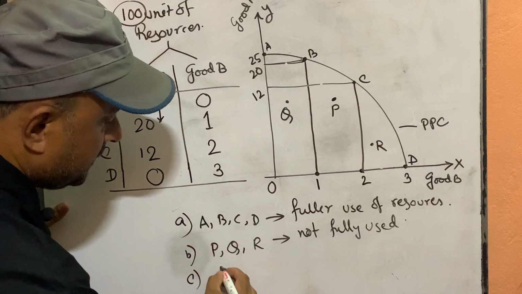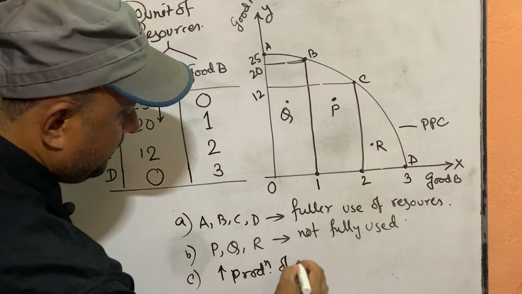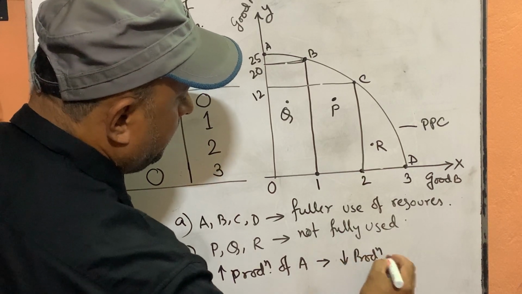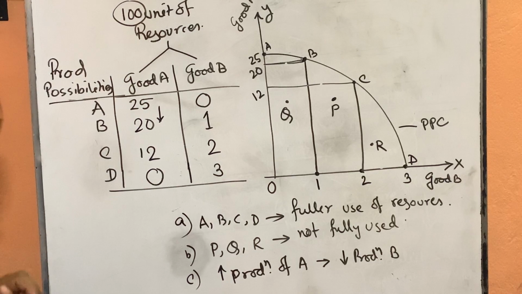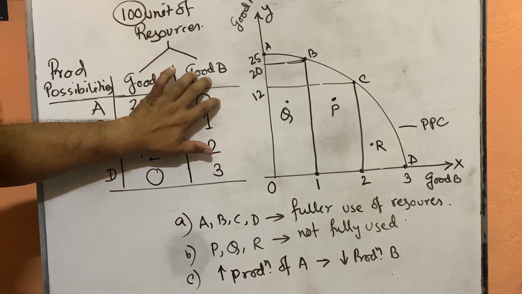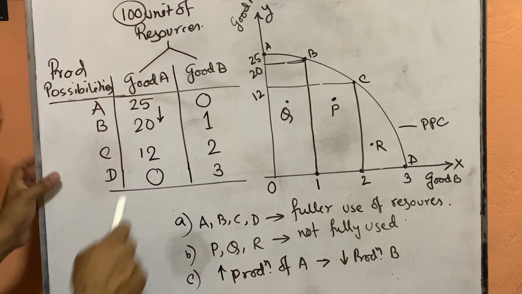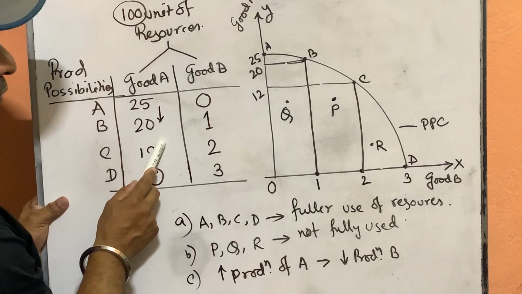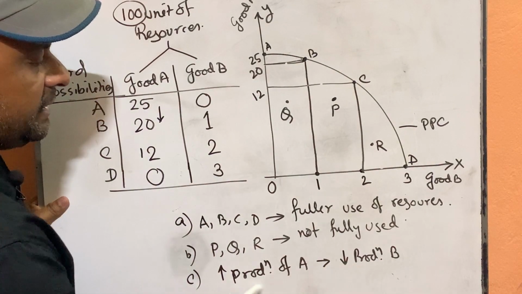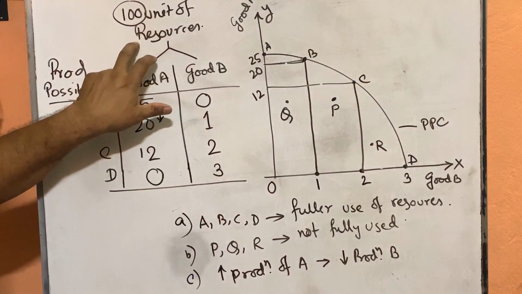If we increase production of A, we have to reduce production of B. Since resources are limited, if we increase resources in the production of one good, we have to reduce our resources in the production of another good. So simultaneously we cannot increase the production of both goods because our resources are limited.